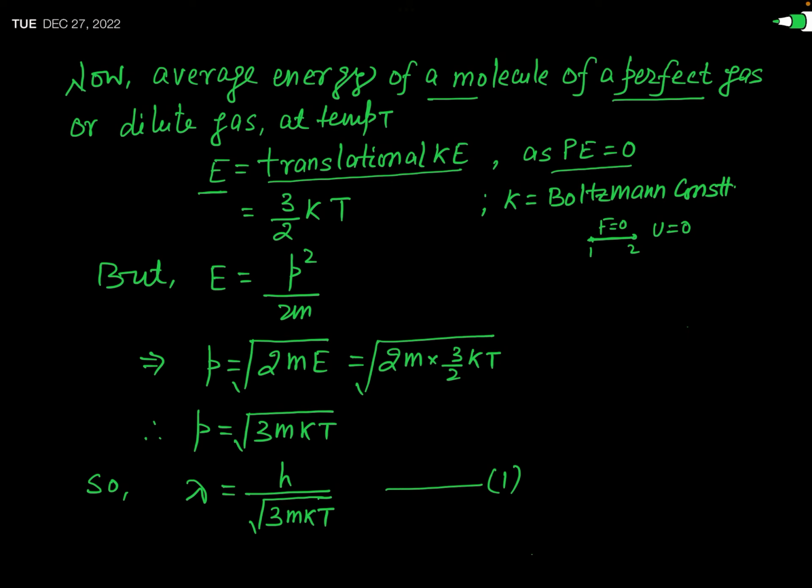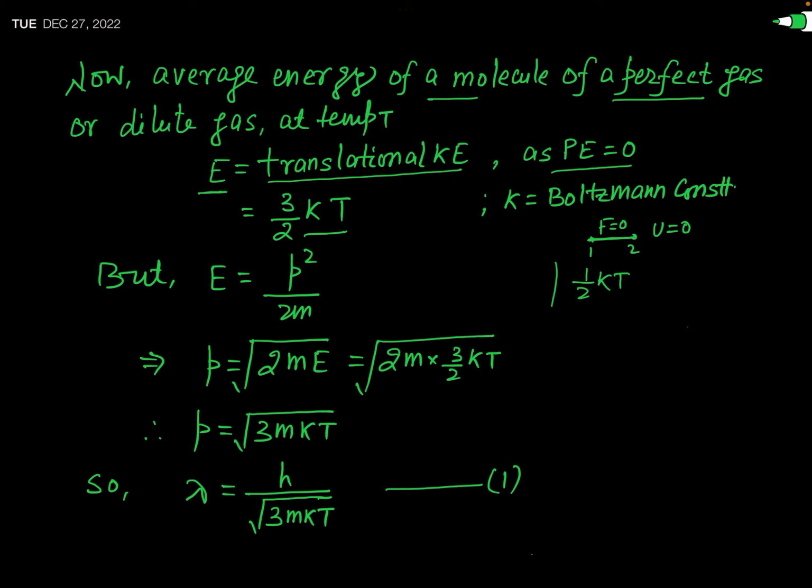And you have definitely studied in kinetic theory of gases that this energy is simply equal to 3 by 2 kT, because you know in general the energy is half kT per degree of freedom.